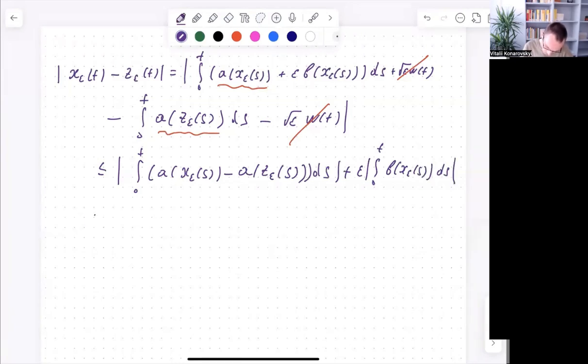But then you can also move the absolute value inside, and you can use the Lipschitz continuity.